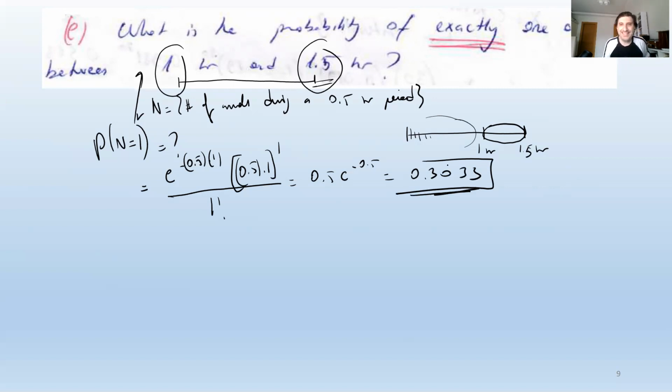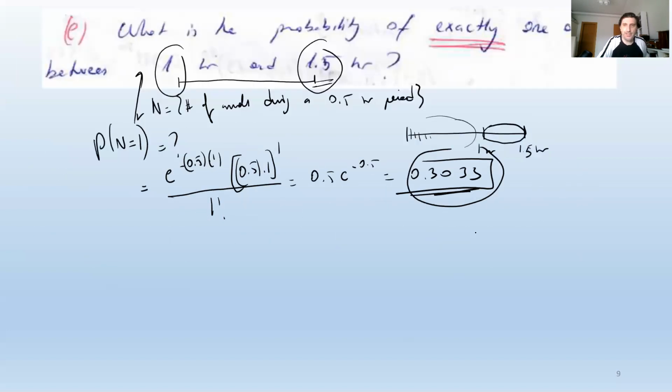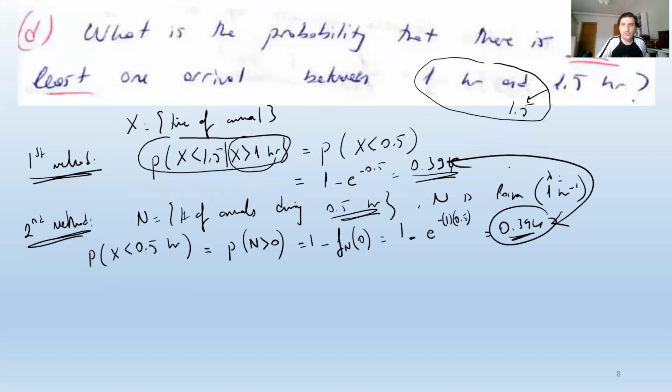So the probability that n is equal to exactly 1 is 0.3033. This is smaller than the previous value. Why?